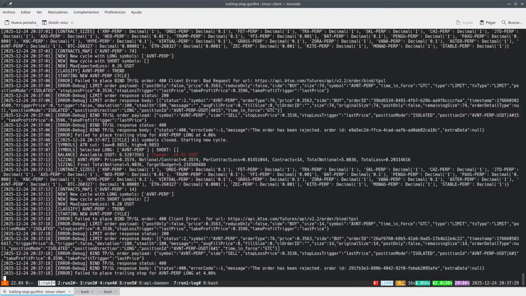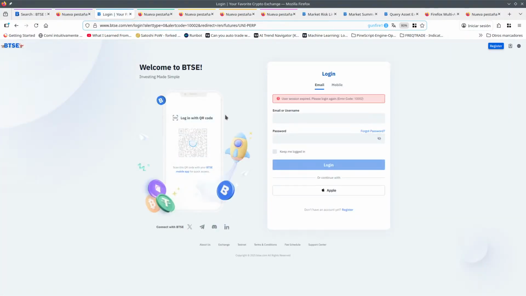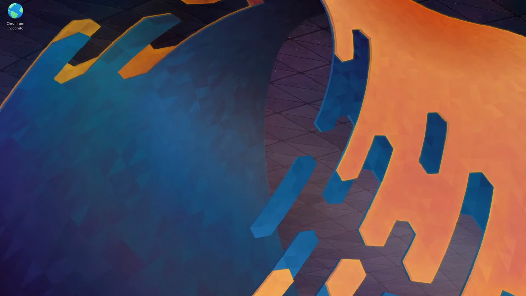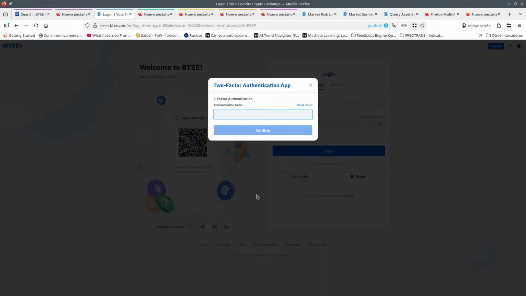So this is sort of working, and we have been lucky to see it. Hopefully I can see this thing in here, and I can see the limit order. Oh my god, what are we going to do? This is not properly done. Let's try to log in. I want to see how the take profit limit order is working. Let me see. What the hell is this?